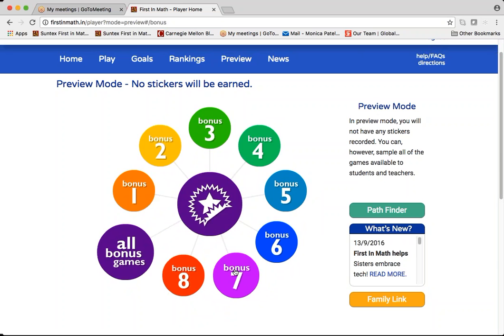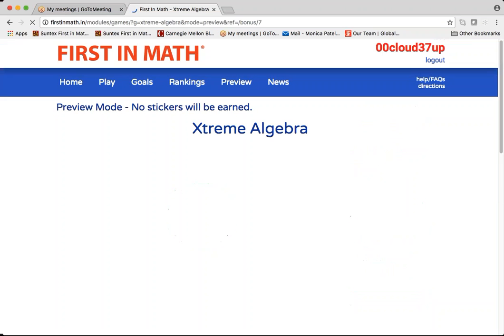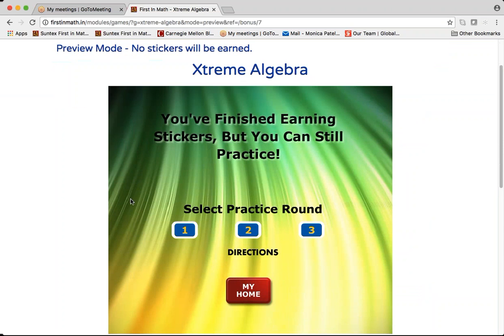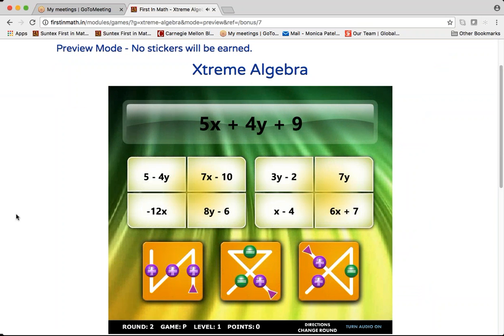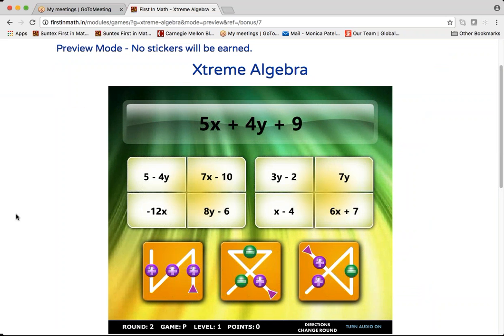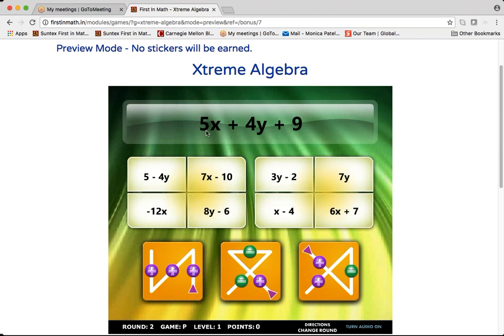We also then show them bonus 7 extreme algebra, which is a perfect example of how far we can take a student after they've understood that a variable is nothing but a missing item to complete a pattern. So the answer is 5x plus 4y plus 9.